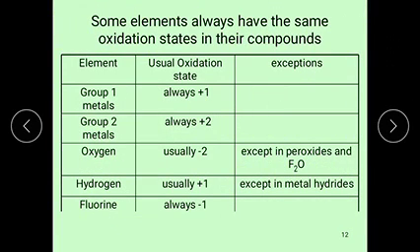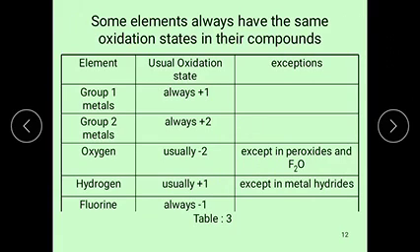Next, some of the elements always have the same oxidation state in their compounds. For group 1 elements, we always take the +1 oxidation state. For group 2 metals, we always take +2. Oxygen is usually taken as -2 oxidation state. In peroxides, it is -1, and in F2O it is positive.